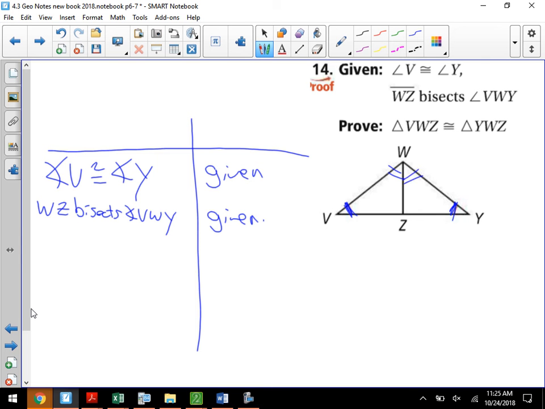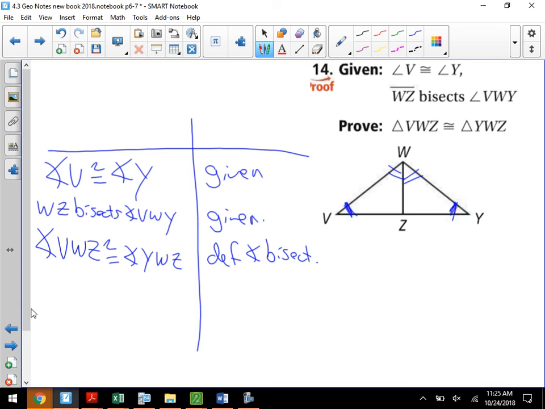So now I write down what those angles are. And that's what it looks like, just definition of angle bisector.